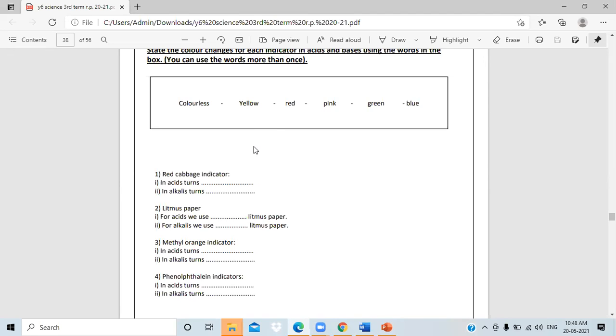Red cabbage indicator in acids turns what, Halimar? I'm not sure. One of them is green and the other one is something else.